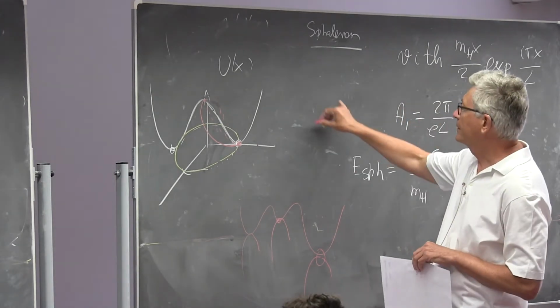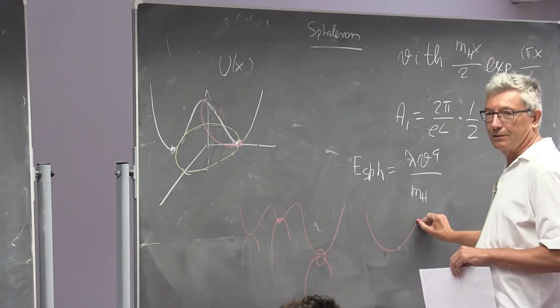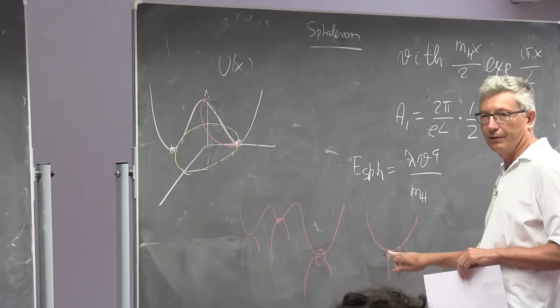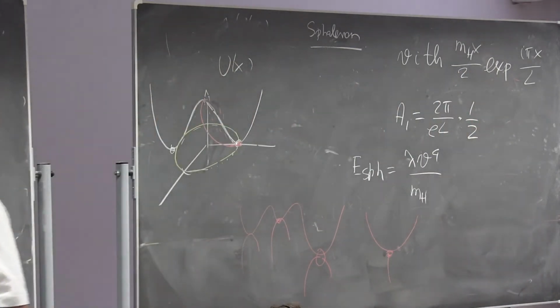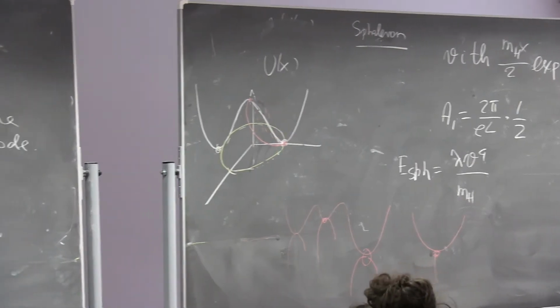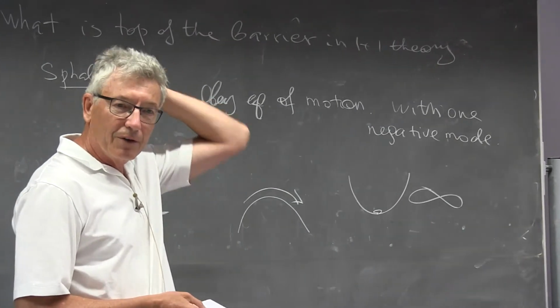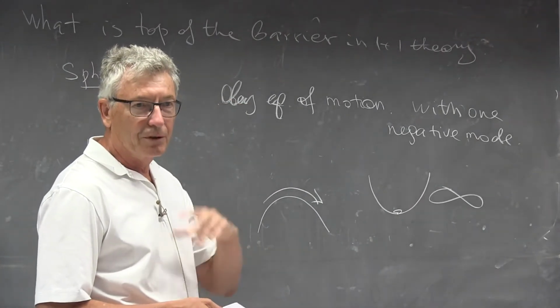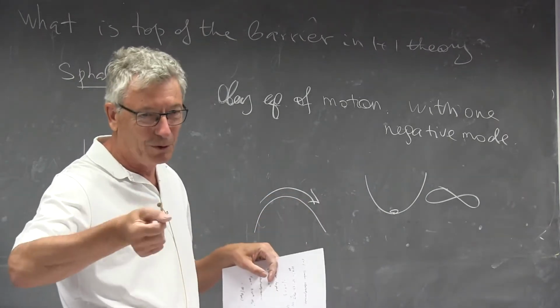Here it is known for this theory that the picture is just like this, so there is just one path you can go. But this is a non-trivial question, and you should do some numerics to convince yourself that indeed you have just one sphaleron. We know examples in electroweak theory where this is not the case. Particularly if the Higgs mass is large, there are several sphalerons of this type, and only one of them is the best.